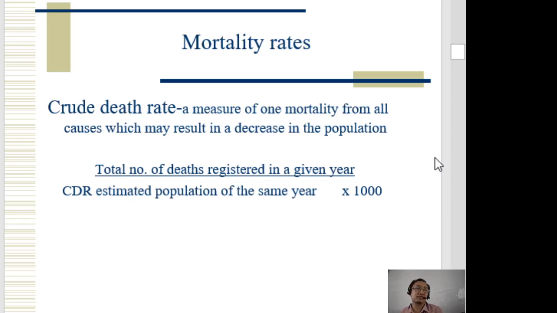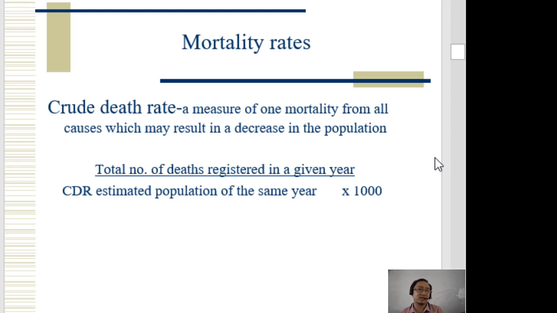Then next, from fertility or population rates, we proceed to mortality rates. Again, mortality refers to death. And why is it important to include death as a vital statistic? When you say death, it's the most serious outcome of a morbidity.